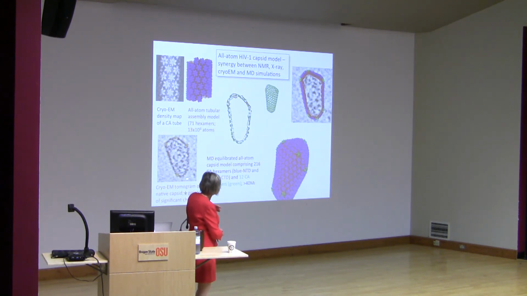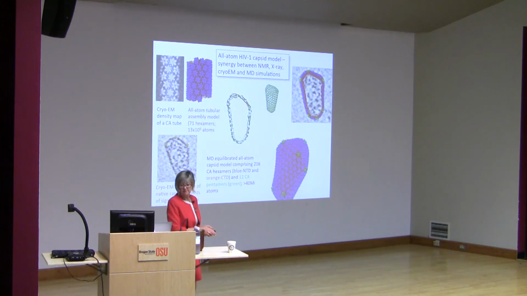So what was done here, we looked at the outline, and we looked at where are acute curvature changes. And in those positions, we put pentamers. And then with that, we ended up with an all-atom model of the capsid.